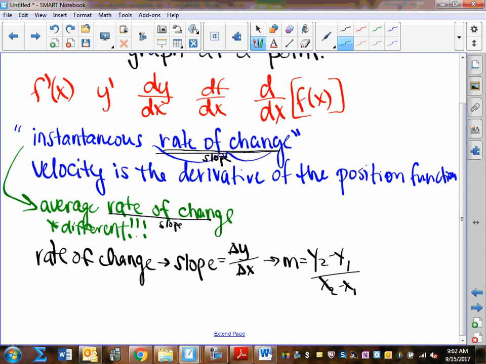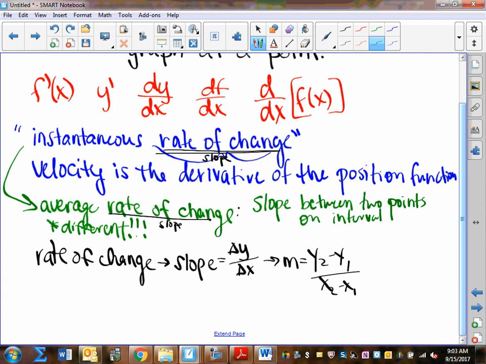So my average rate of change is really the slope between 2 points. Or you can think of it as slope on an interval, right? Because the 2 endpoints indicate what your interval is, from x equal to 3 to x equal to 5. So my slope between 2 points is slope on an interval.